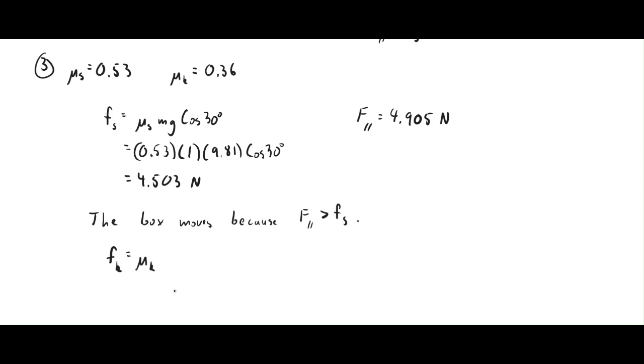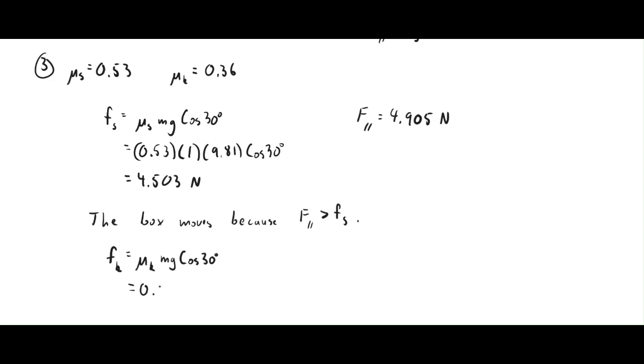And it's a little smaller because you use the kinetic coefficient. Most materials have a kinetic coefficient that's smaller than the static one. Not in all cases. Some materials can be strange, but generally this is true. It takes more force to get something moving than it does to actually keep it moving.